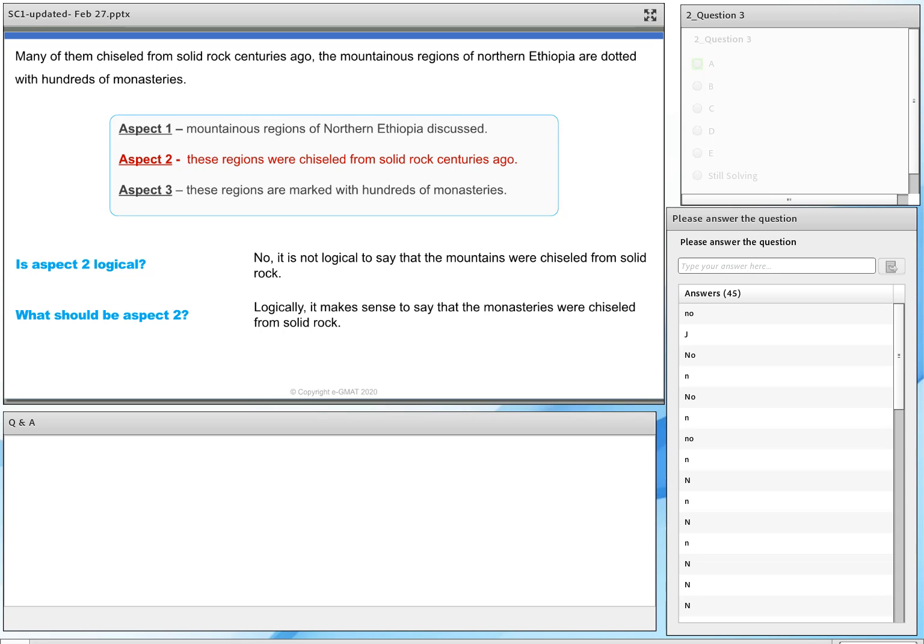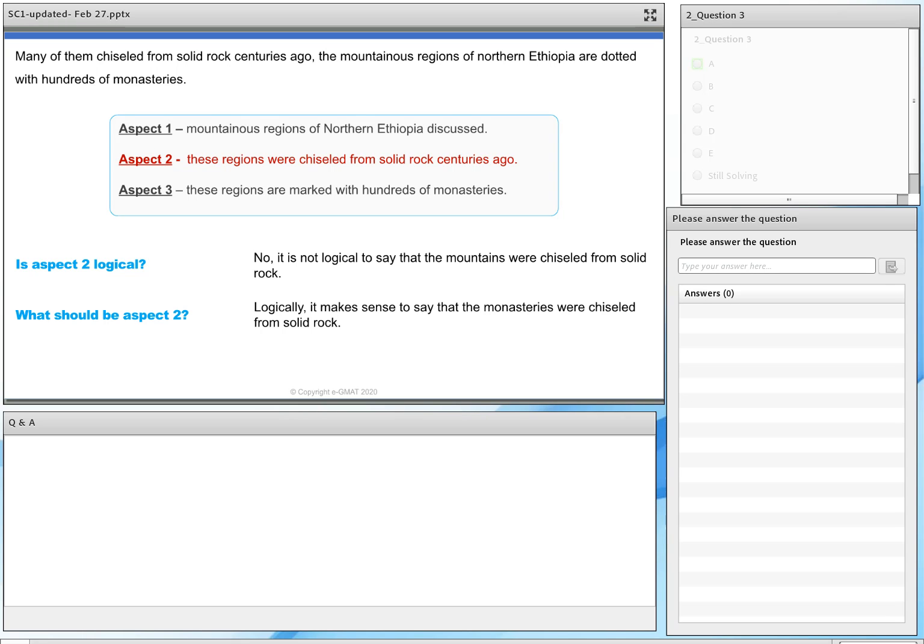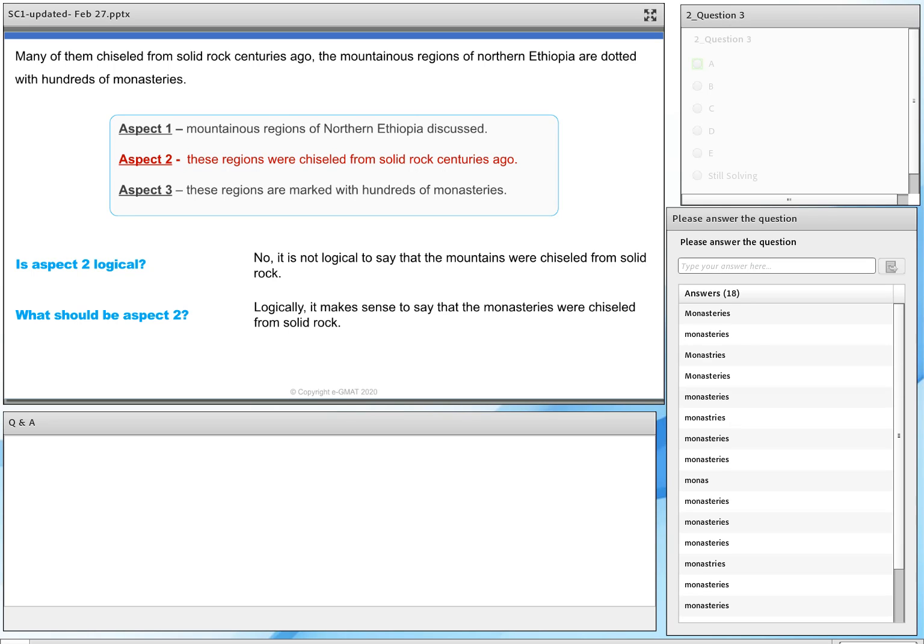So, and many of you did say, logically, if I ask you this question, what is chiseled from rock? Please answer the question. Monasteries. Absolutely correct.